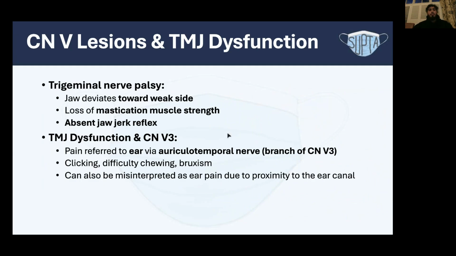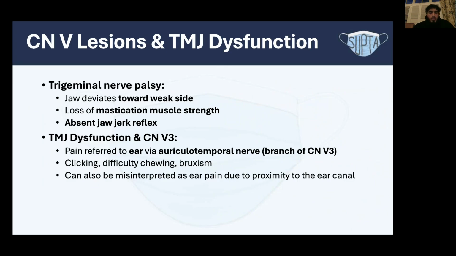In terms of TMJ, so we talked a little bit about this earlier. If we have TMJ dysfunction, this can give us what's called referred pain to the ear. This is via the auriculotemporal nerve, which is a branch of CN V3, which is the mandibular branch.